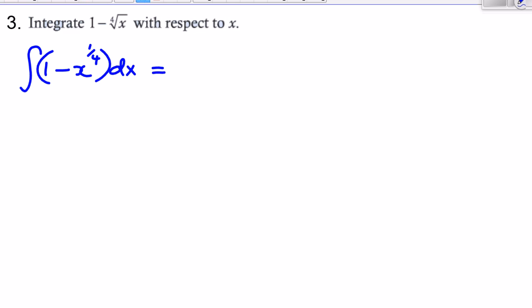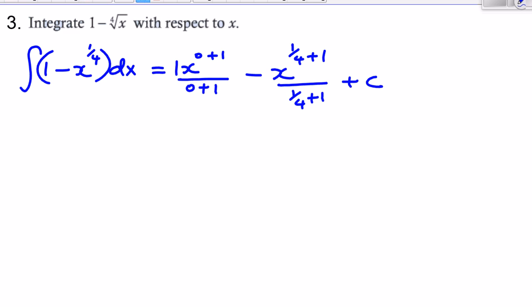So the integral of 1 is just x. I'll explain why. You have 1x to the power 0, and then you add 1 over 0 plus 1, minus x to the power a quarter plus 1 over a quarter plus 1 plus c.